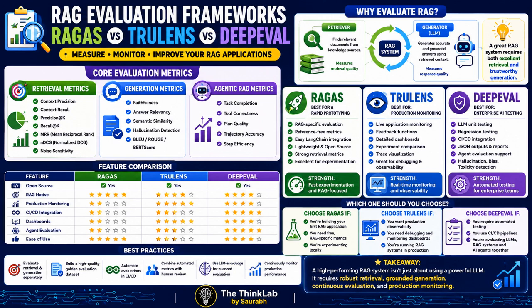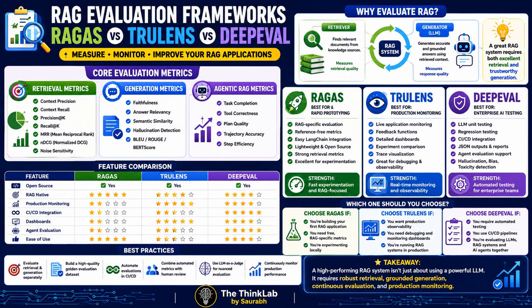One of the major advantages is that many evaluations can be performed without requiring manually labeled reference answers. RAGAS is lightweight, easy to integrate, and perfect for researchers, students, and developers who are experimenting with RAG applications. If you are just starting your RAG journey, RAGAS is an excellent choice.